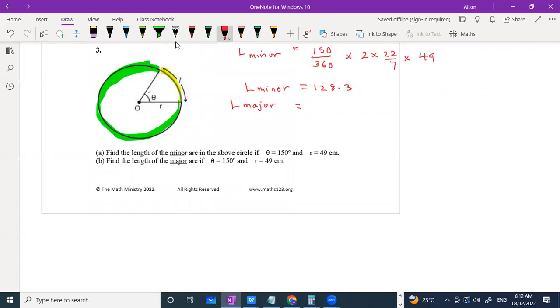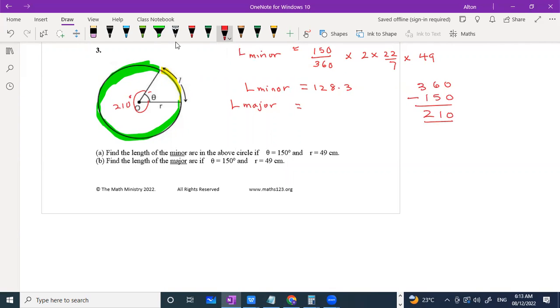So let's work out our major arc. The angle of this major arc would be the difference between the 150, which is the angle for the minor arc, and the total, which is 360. So the angle we're going to be using here will be 210.